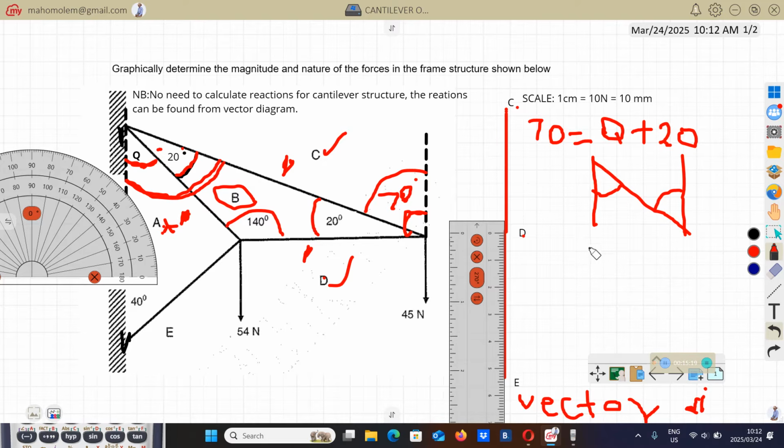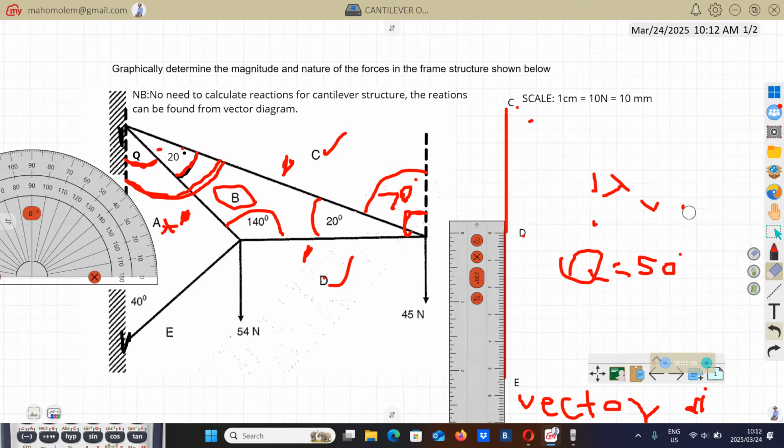Then from there, angle Q will be equal to 70 minus 20, which is 50 degrees. Then this angle here will be equal to 50 degrees. So angle Q equals 50 degrees.